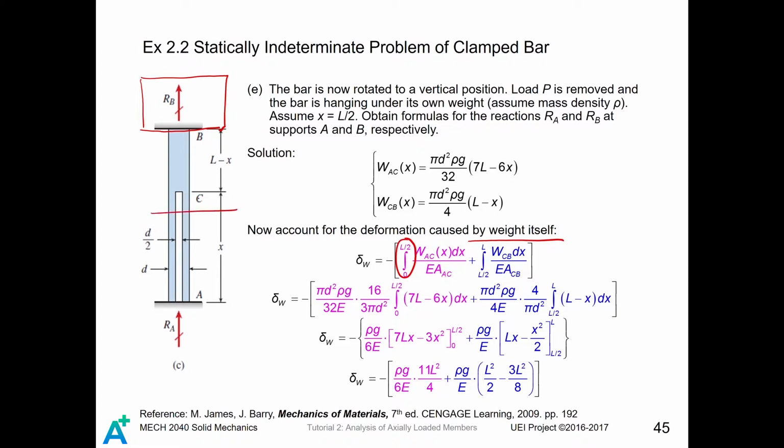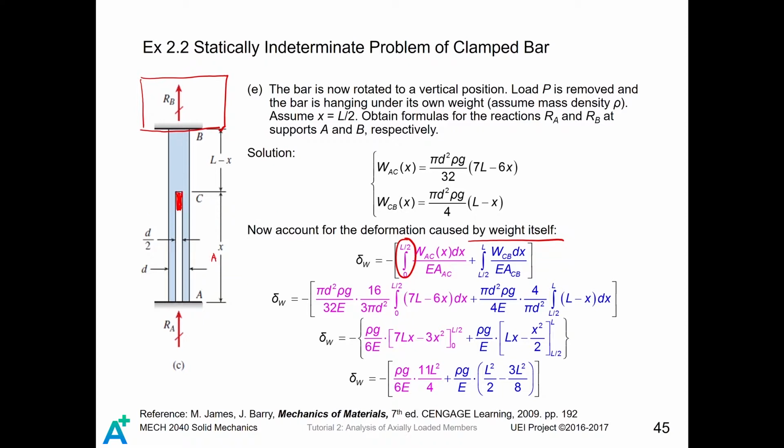From 0 to L over 2, its cross-sectional area is AAC, and the compressive load for any cross-section in this section will become WAC(x).